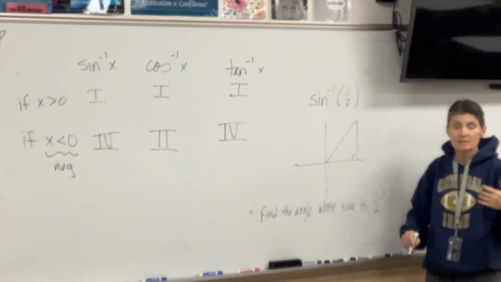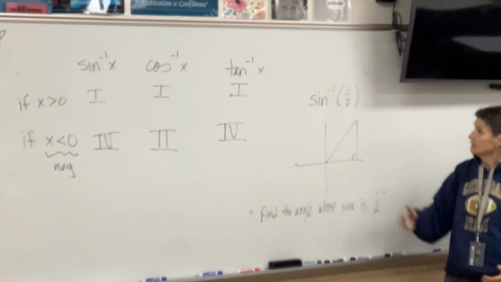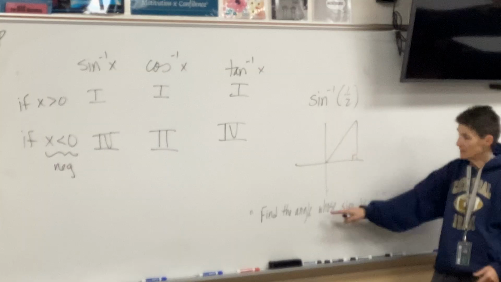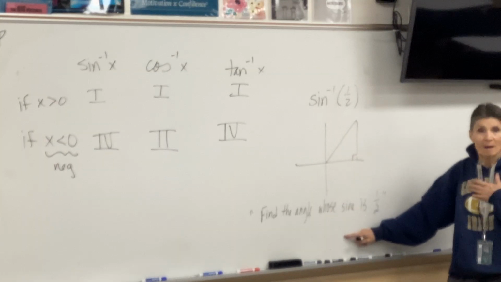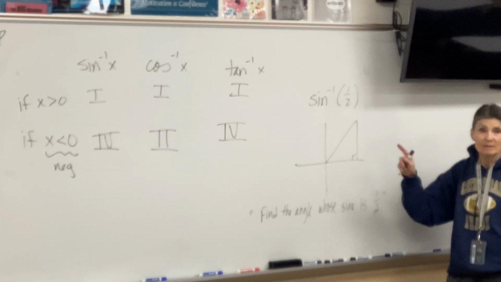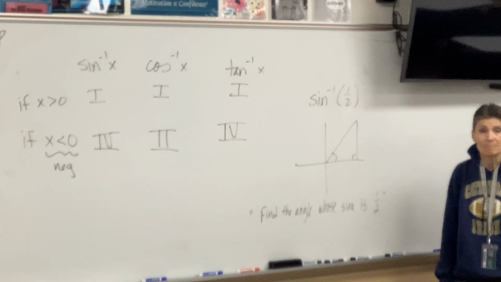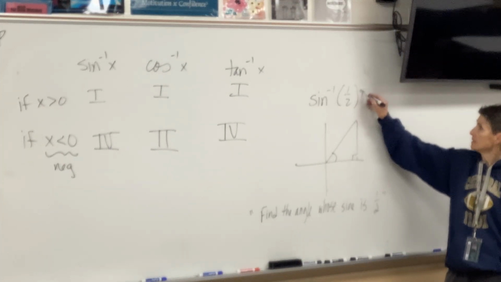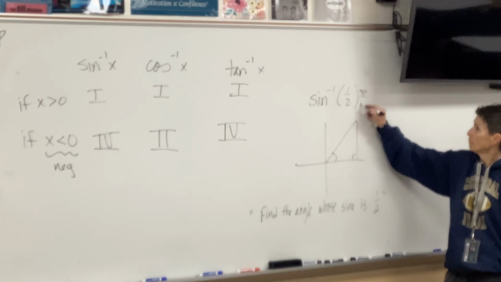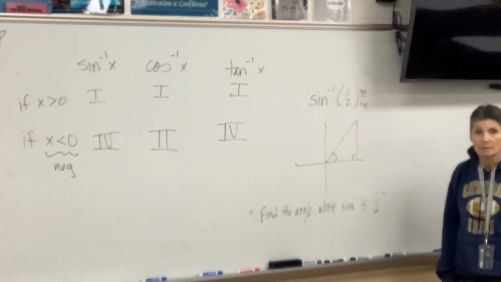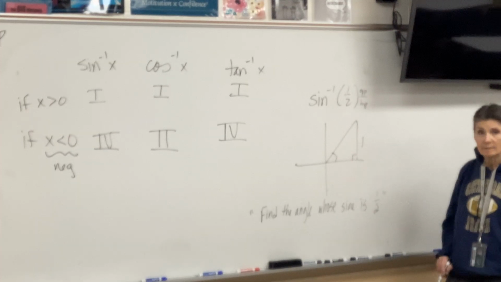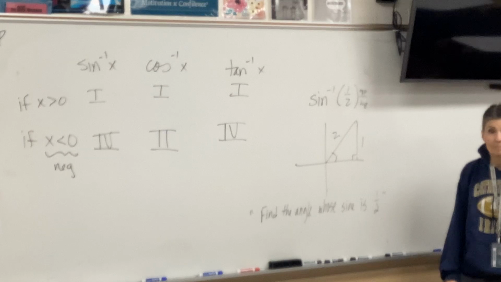So in other words, if I were translating this problem, this is how I would translate it. My job is to find the angle right here whose sine is 1/2. Okay, what do I know about sine? Sine is opposite over hypotenuse. So this is a 1 and this is a 2.